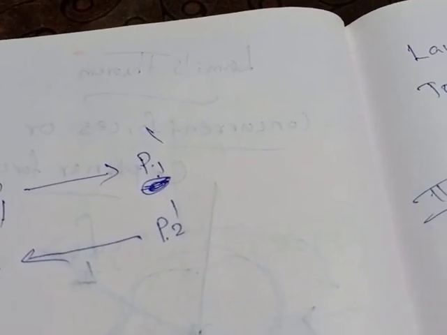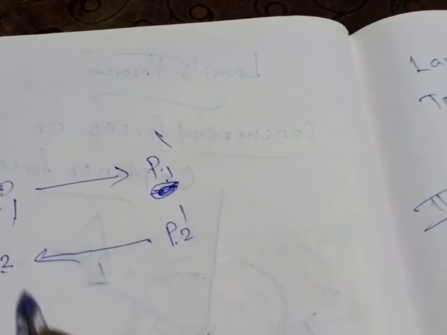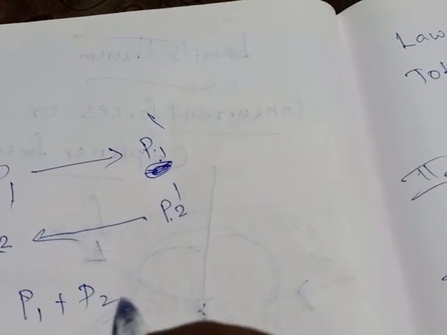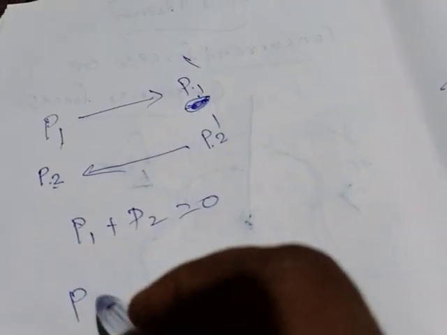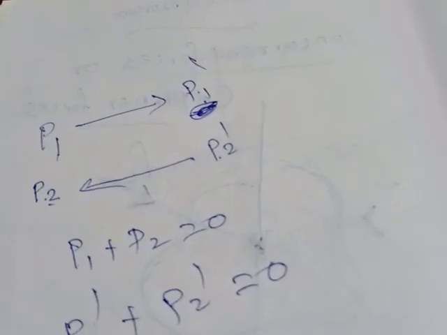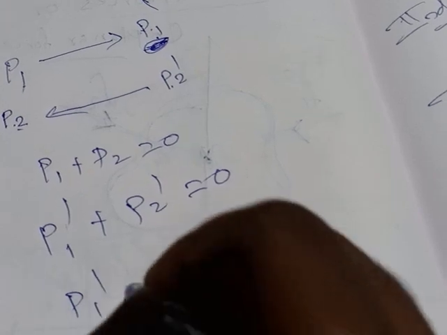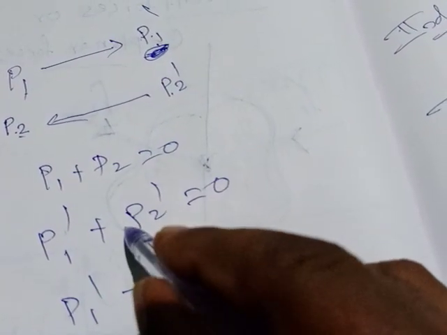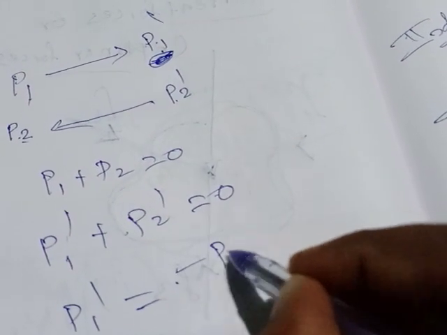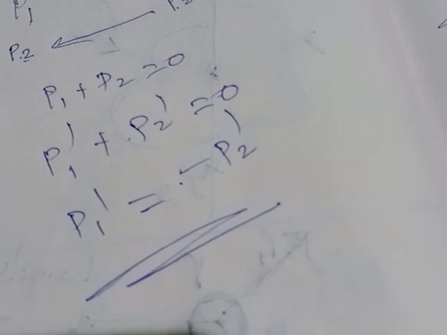So due to conservation of linear momentum, if P1 plus P2 is equal to 0, then P1 dash plus P2 dash also will be 0. So P1 dash equals minus P2 dash, if you take P2 dash to the other side. You see again momentum is conserved.